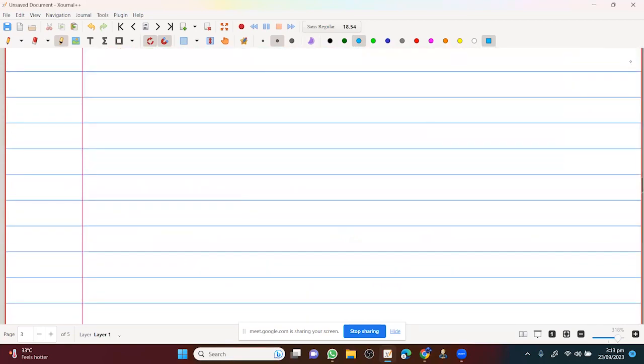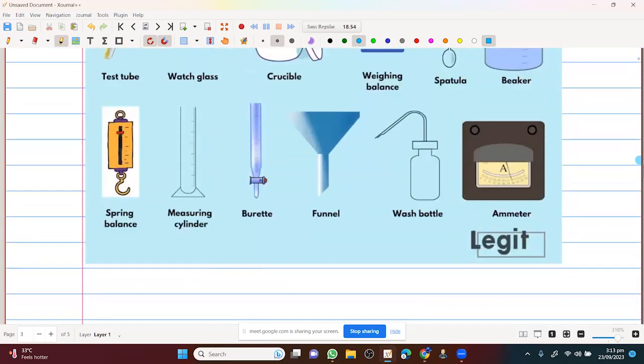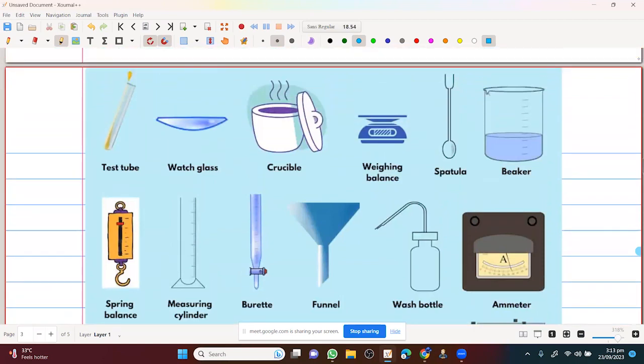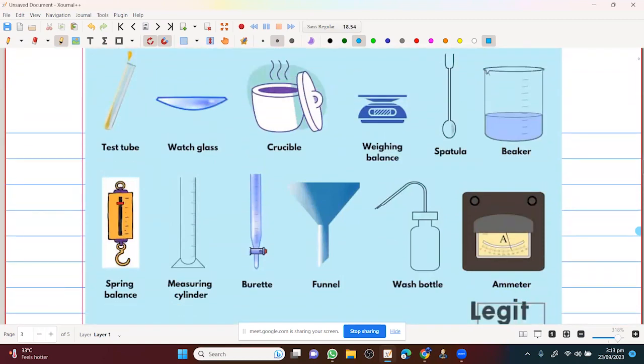Now, next one is, you people can see these apparatuses. Next one is the test tube. I already showed you this apparatus, the test tube. Watch glass, crucible, weighing balance.